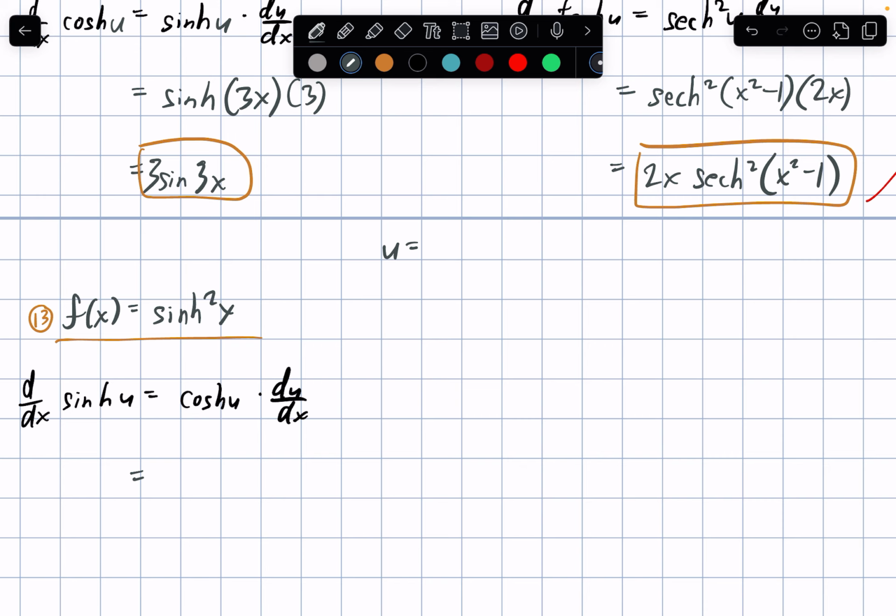Why is there a raised to 2? Let's say the u is x and then the u prime is going to be 1. If there's a raised to 2, cosine h raised to 2 and then u is going to be x. u prime is going to be 1. Is this the answer? Let me see.